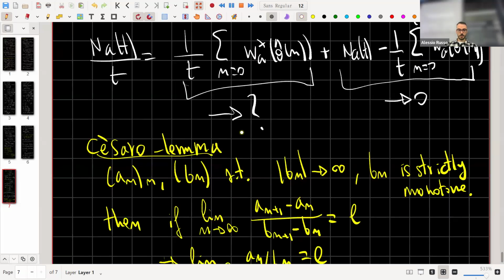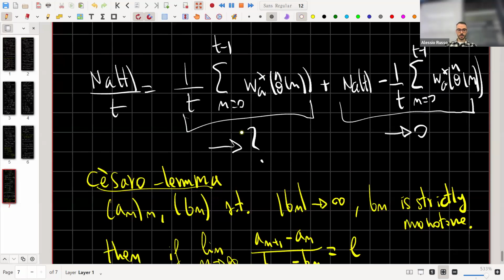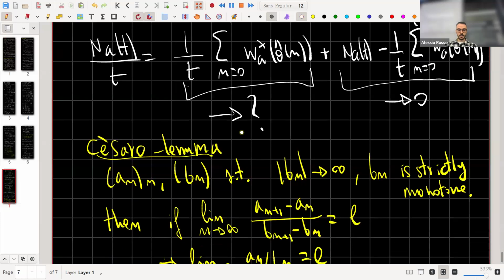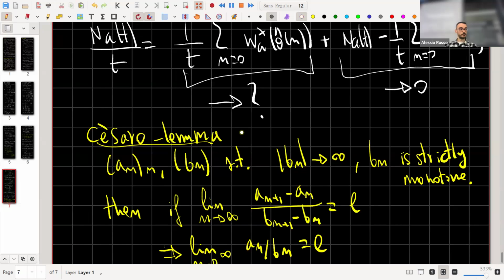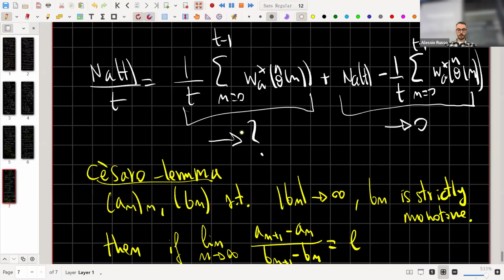So we are going to apply it here to this quantity. We can think of t as the bn term, and the sum is the an term.